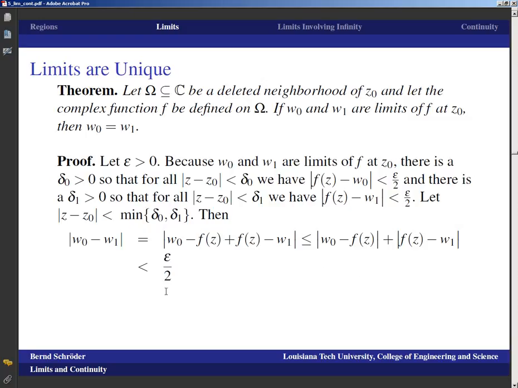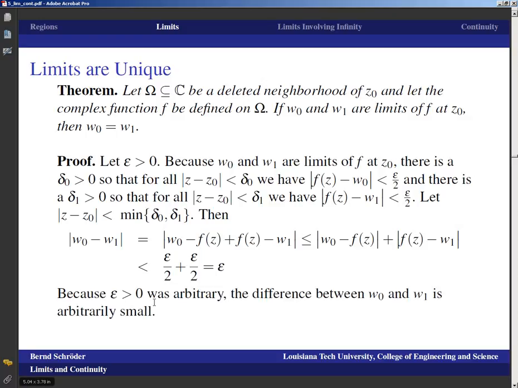So this guy is smaller than epsilon over 2, this guy is smaller than epsilon over 2, which is epsilon. And because epsilon greater than 0 was arbitrary, that means that the difference between w0 and w1 is arbitrarily small. But the only way that can happen is if those two numbers are in fact one and the same number. And that's the end of the proof.